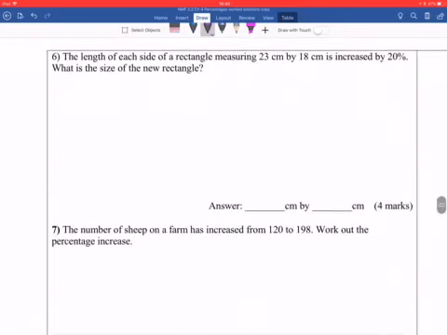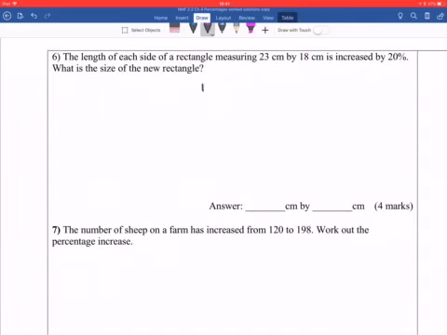Right, question 6. 23 by 18, it's going to be increased by 20%. So I'm going to do 100% plus 20% equals 120%, which is 120 over 100, which is like multiplying by 1.2.